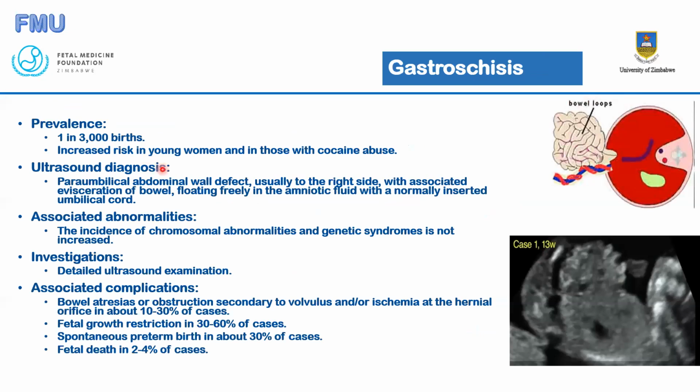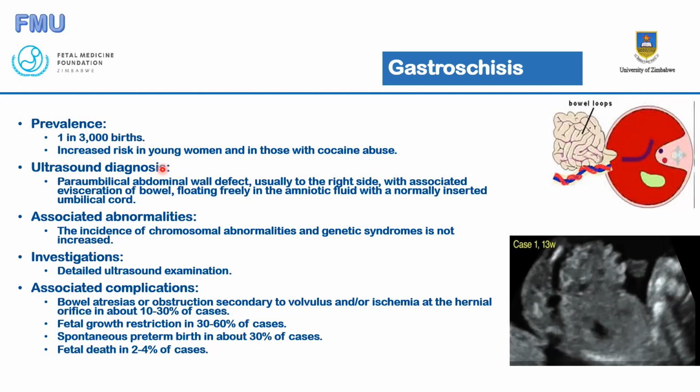It is fairly common, 1 in 3,000 at birth, and increased in young women and those with cocaine abuse. This is why substance abuse is one of the things that we ask when we are taking history. Some may wonder why we ask women about substance abuse. This is one of the reasons, so that we know the risks that the pregnancies are exposed to.